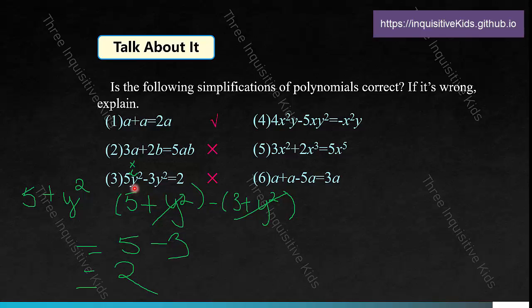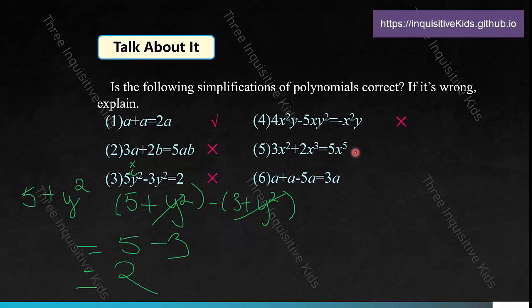4. 4x squared y minus 5x y squared is equal to negative x squared y. Again, that is incorrect. They are not even like terms. Remember, you cannot move these exponents around because they are not the same as addition or multiplication. 5. 3x squared plus 2x cubed is equal to 5x to the 5th power.